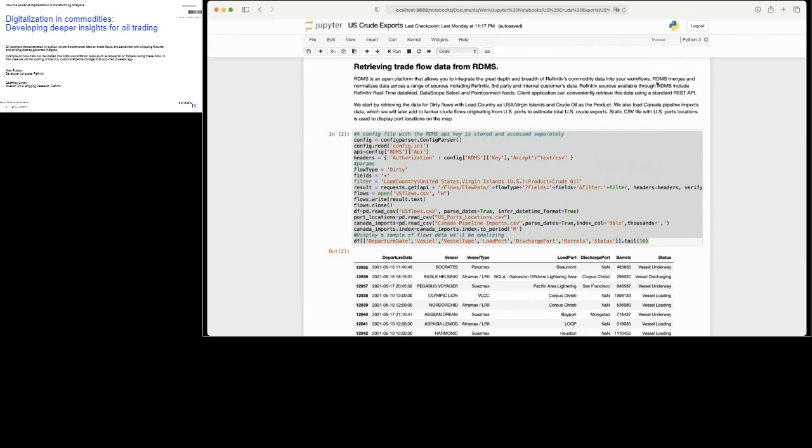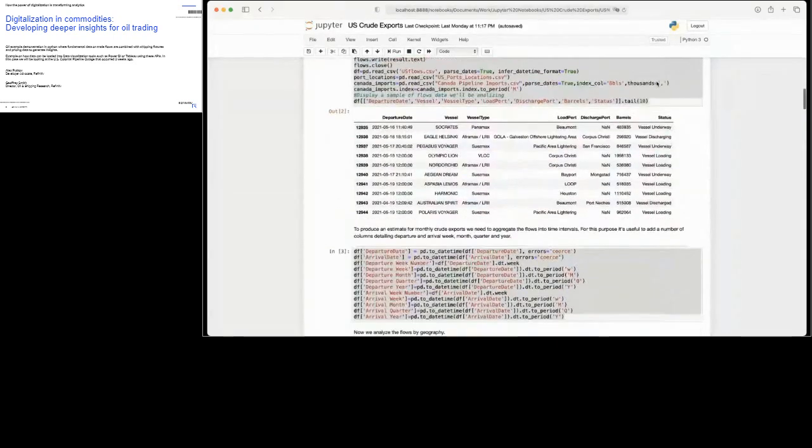Refinitiv provides real-time trade flows. In this block of code, I retrieve dirty flows with load country filter set to USA or US Virgin Islands, and the product filter set to crude oil. And here is a small sample of data.